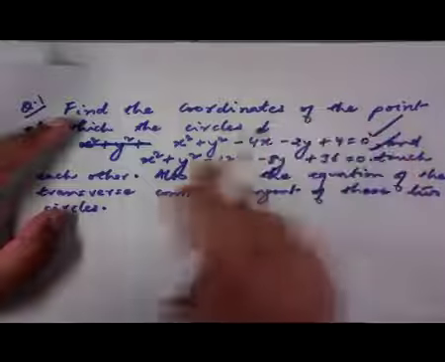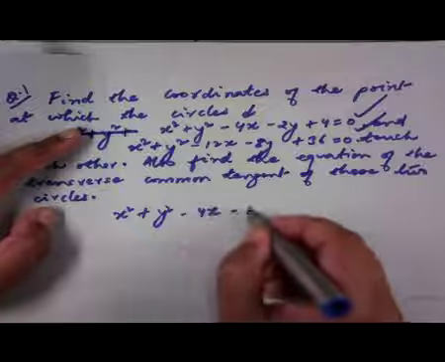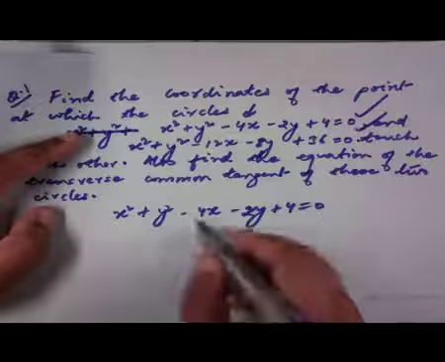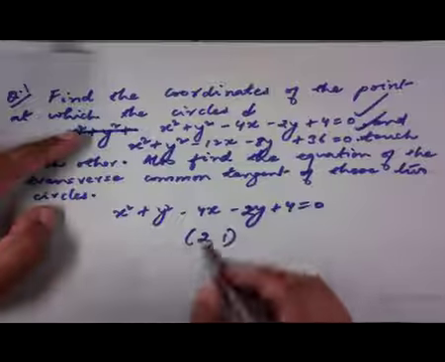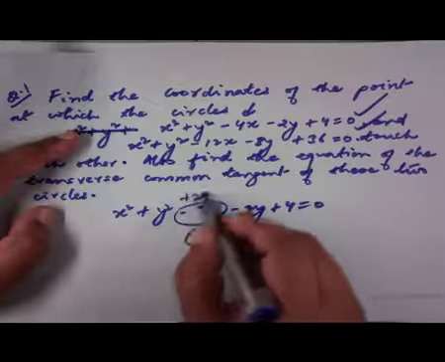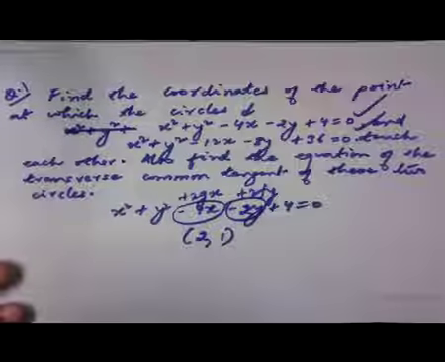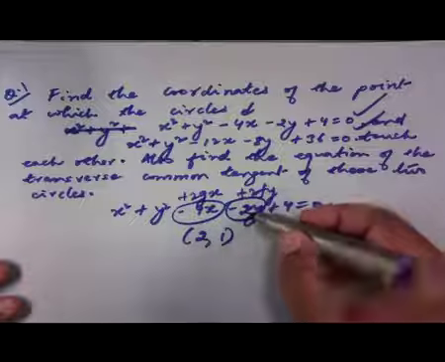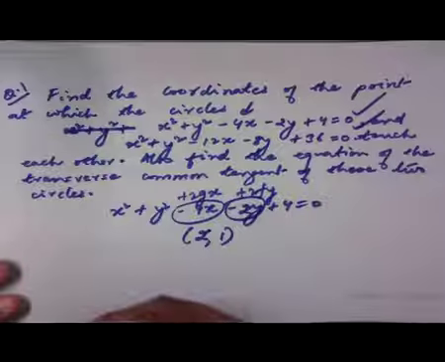The first circle clearly has a center which is at 2 comma 1, because this particular term is plus 2 g x and this is plus 2 f y. So, g is minus 2, f is minus 1, and the center we know is at minus g, minus f, which is 2 comma 1.